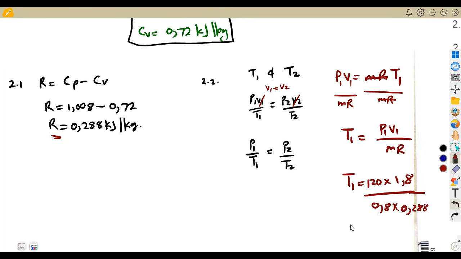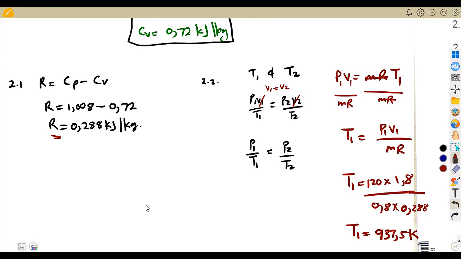All right, so that was going to give us T1, which was 937.5 in Kelvin.